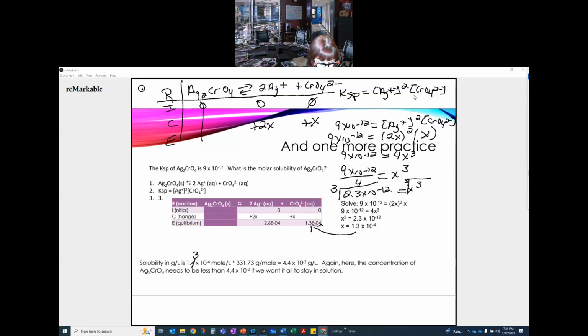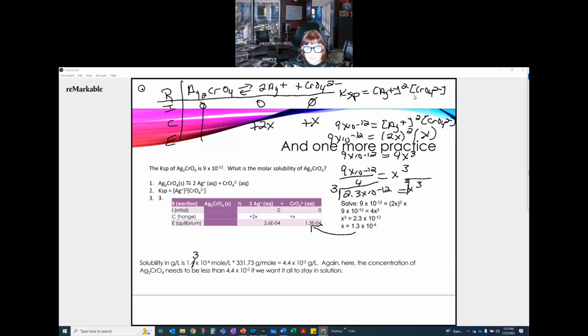And then I multiply that by the 331.73 that is the molecular weight of Ag2CrO4. And I end up with 0.4378, which of course, if you round it up, is 4.4 times 10 to the minus 2. Okay. So with the rounding, it comes out exactly the same.